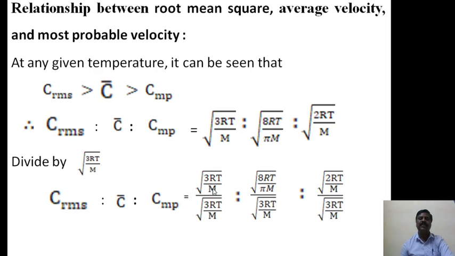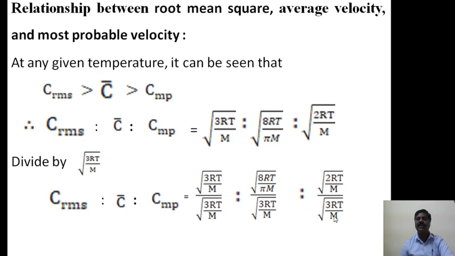Now this term will get cancelled, therefore it will become 1. After cross multiplication, RT gets cancelled, M gets cancelled, therefore square root of 8 divided by 3 pi will be there, and after simplifying you will get the value.